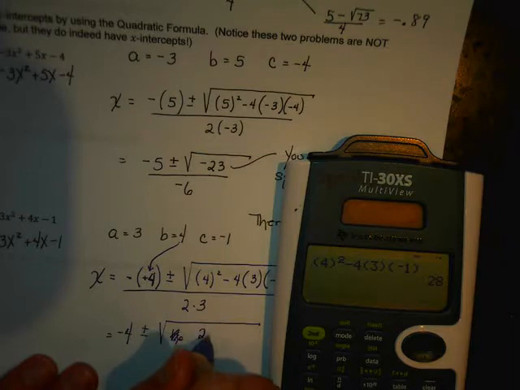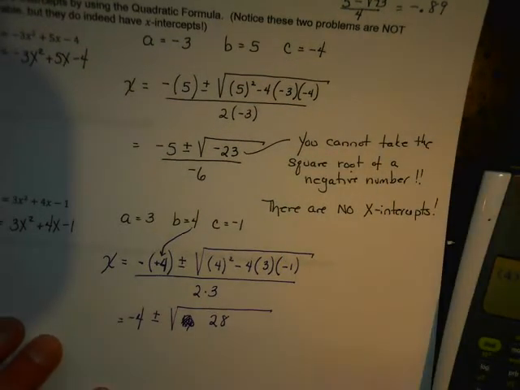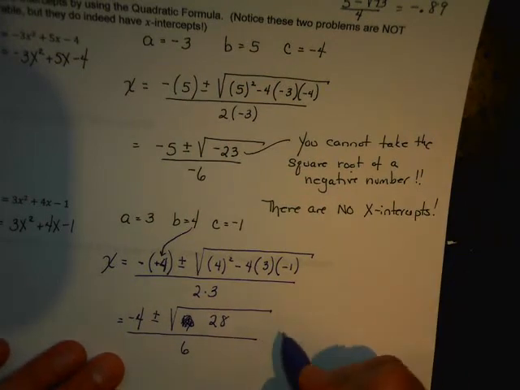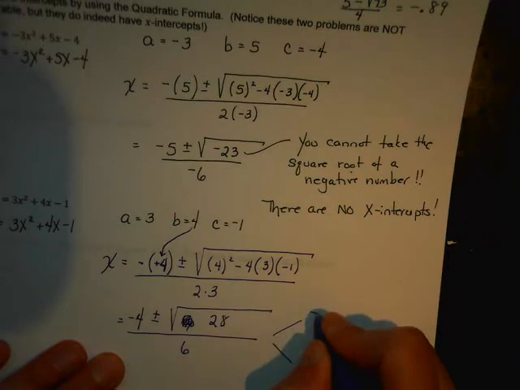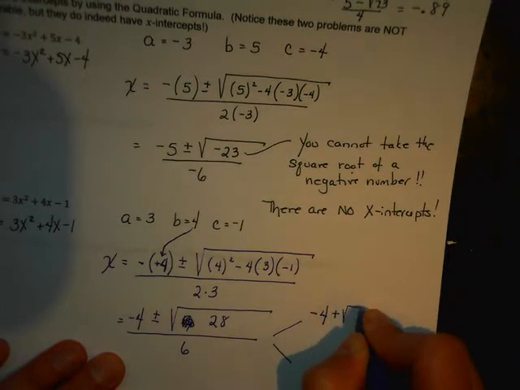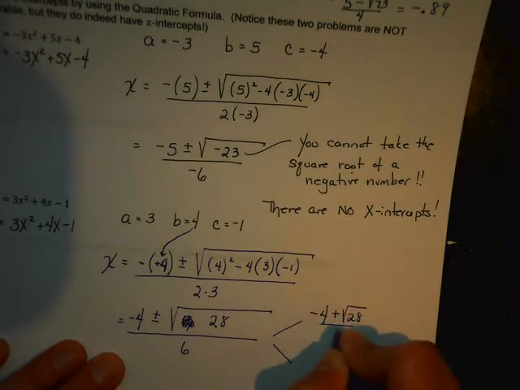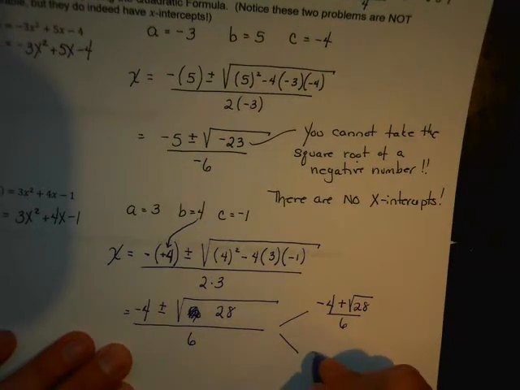Plain old 28 all over 6. So we'll get negative 4 plus root 28 all over 6 and negative 4 minus root 28 all over 6.